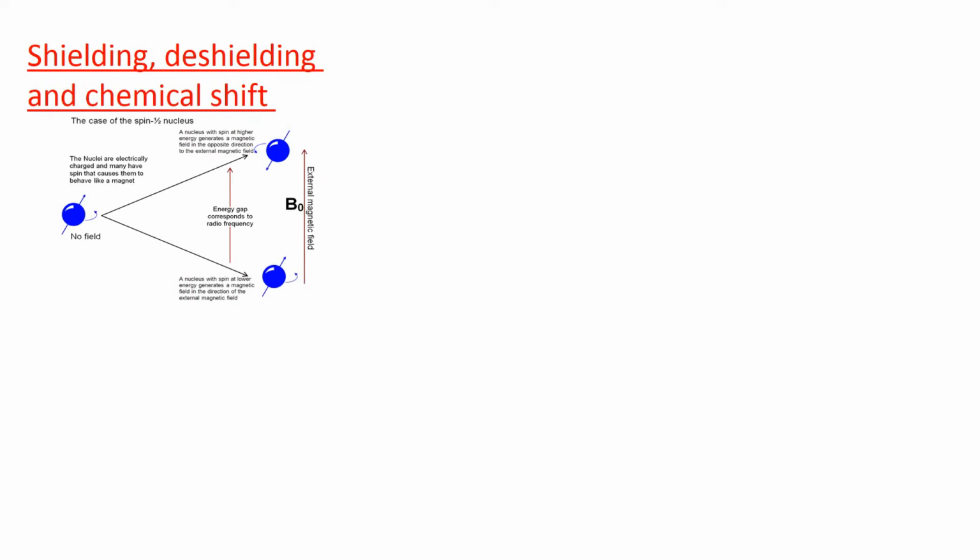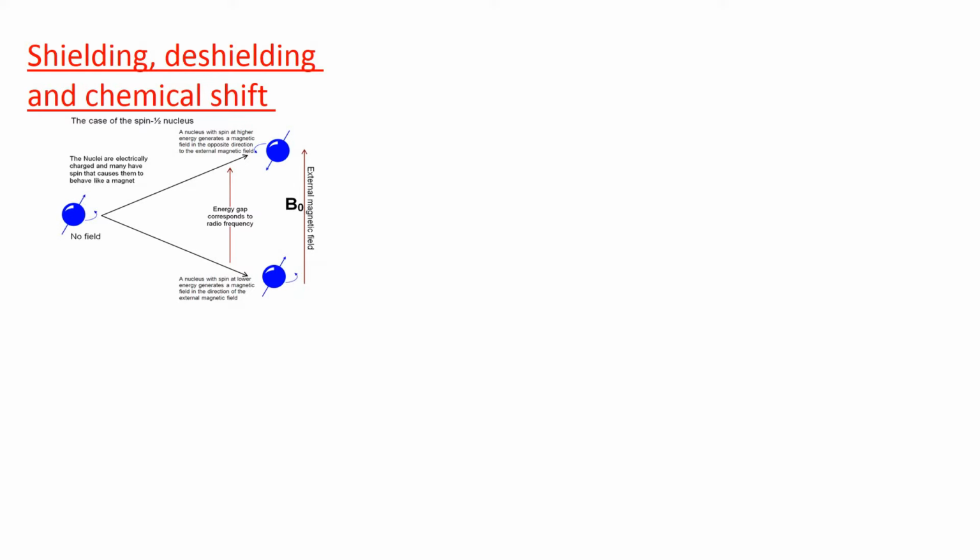Now, in part 1, what I told was that nuclei of some isotopes have mechanical spin, and these spinning nuclei generate a magnetic field. So, the spinning nuclei act as tiny bar magnets.